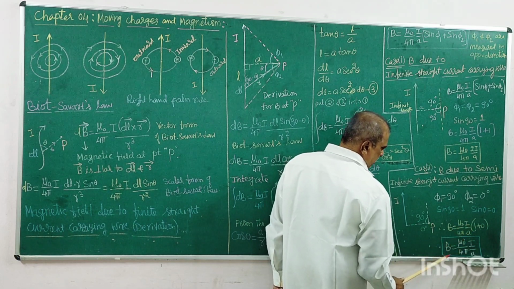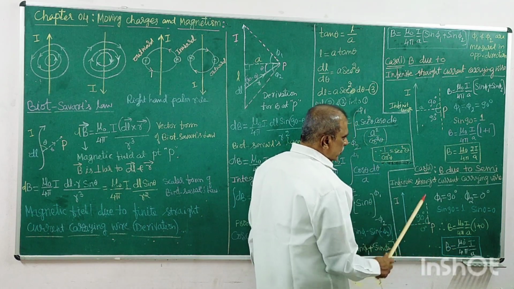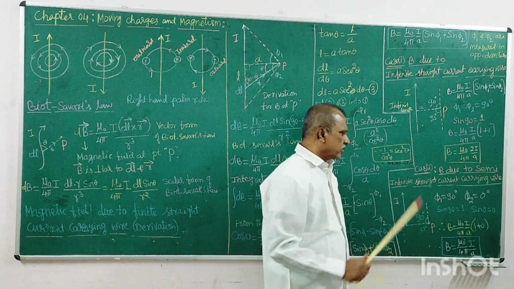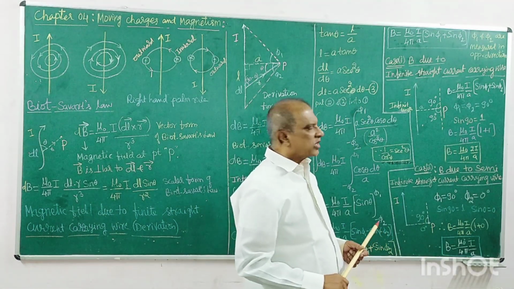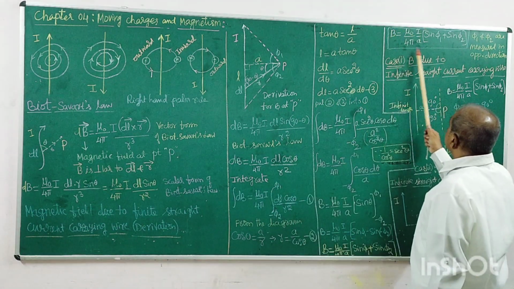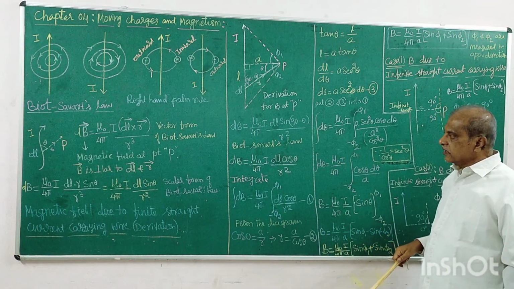That is the magnitude of the field at this point due to a semi-infinite straight current carrying wire. In cases like this you can apply it. So this is the mathematical equation for a straight conductor of finite length.